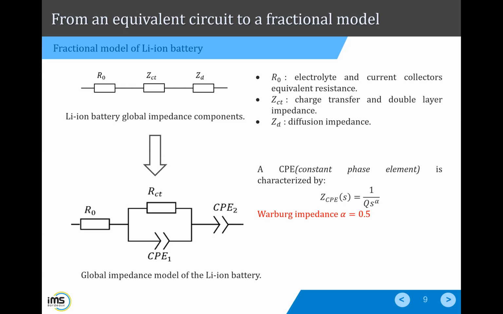As you can see, it's a fractional integrator with an order alpha and a coefficient q. For the Warburg impedance, it's a CPE with an order of 0.5. Sorry, I was looking for the CPU, it's a CPE. Oh, sorry, French and English.